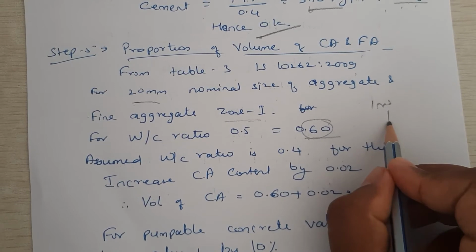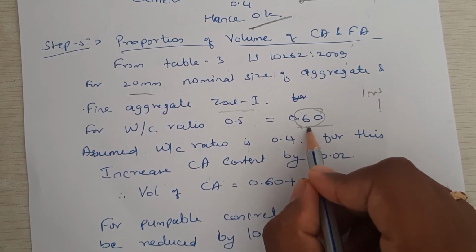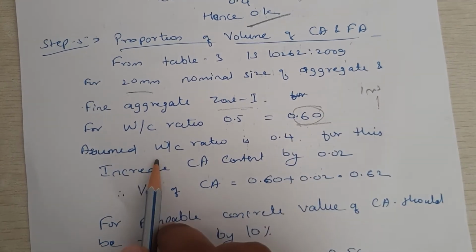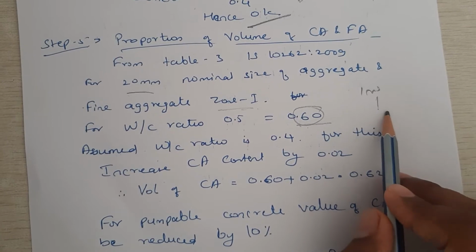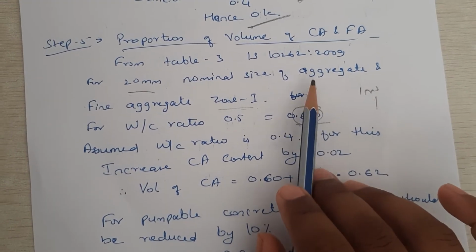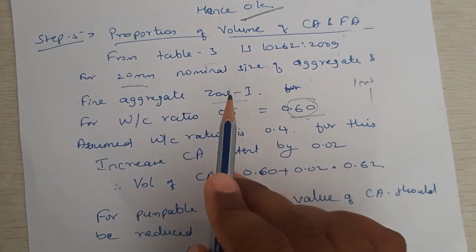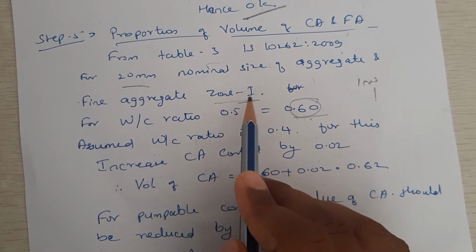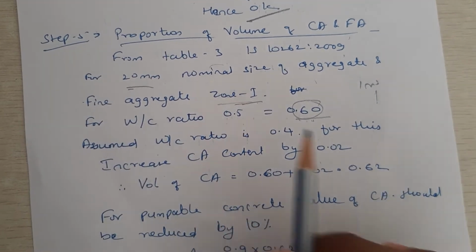So from this volume 1, 0.6 part will be our coarse aggregate, and 0.4 part will be our fine aggregate as per table number 3. So this will depend upon the zone of the fine aggregate and the nominal size of the coarse aggregate.